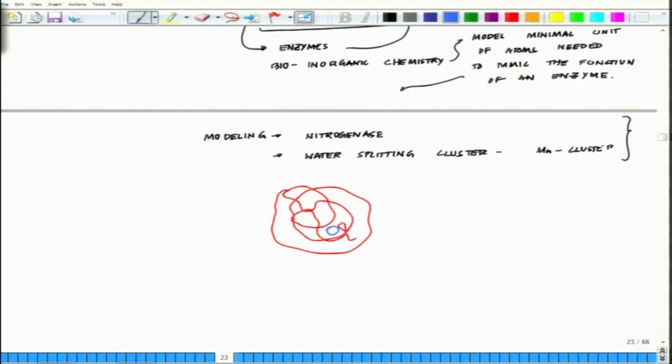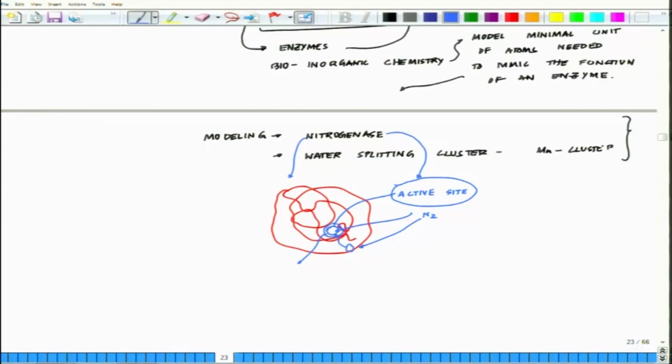Say for example this blue is showing the active site, okay, and say this is an example of nitrogenase we are talking about. So this is the active site of nitrogenase. Now what people have been trying is, this is the site where nitrogen gas is coming, or maybe at some other site it is binding, and then there is a reaction which is happening and leading to transformation of the nitrogen, and of course the enzyme is not getting used up.